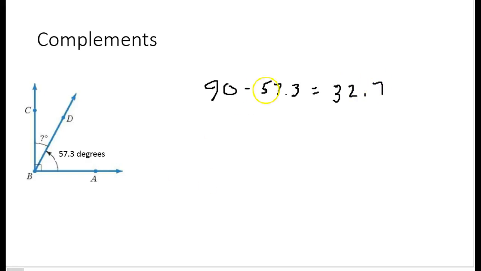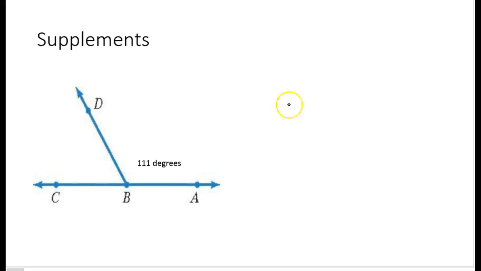Let's try that. Yep, 32.7 degrees. So the measure of this angle right here with the question mark would be 32.7 degrees.